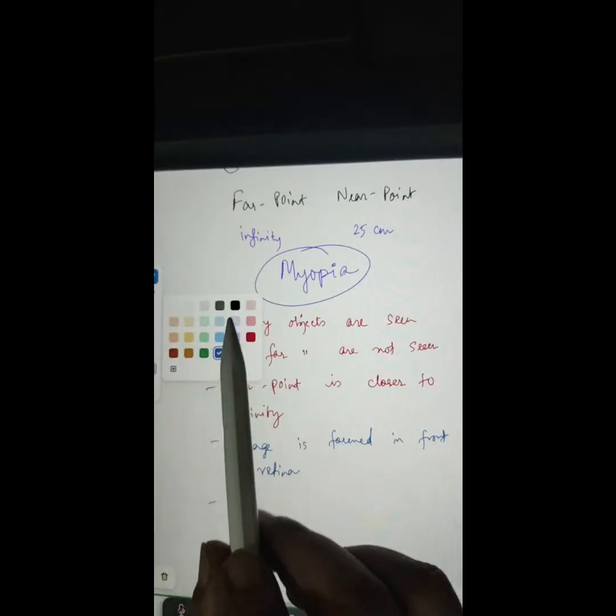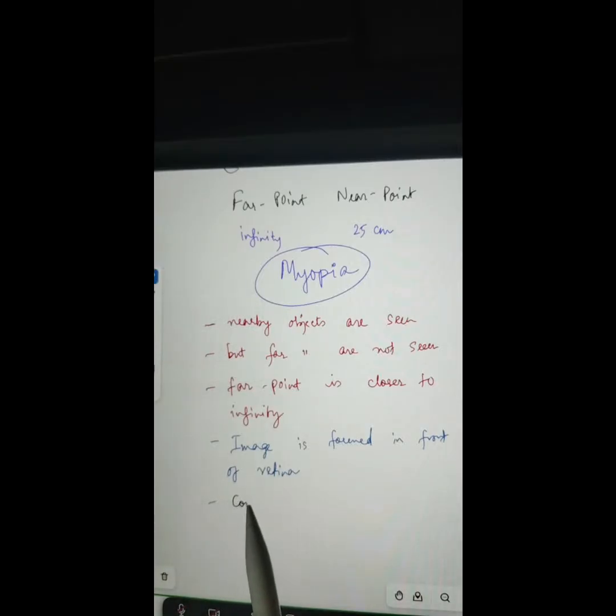How can this disorder be corrected? Using a concave lens of adequate power, this can be corrected. And remember, whenever the power is given to you in minus, this means a person is using a concave lens.